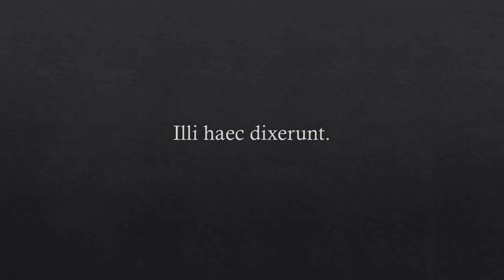Let's try another one. How would you translate illi haec dixerunt? Those men said these things. In this sentence, both illi and haec are not acting as adjectives, or at least they're not modifying any other nouns in the sentence, and instead are acting like pronouns.